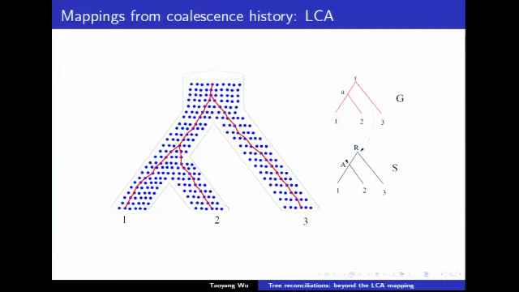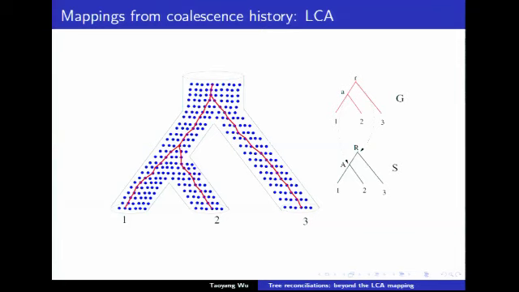Now the mapping I'm defining is this: this A is actually, in this scenario, a coalescent event. I map this event to the vertex, the end vertex of the branch where the event happens.